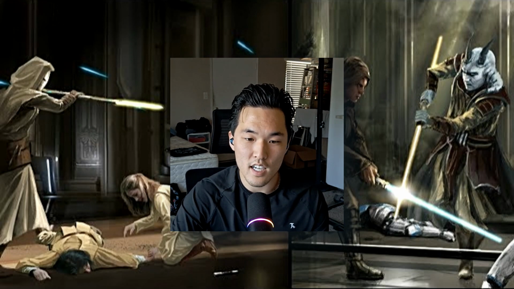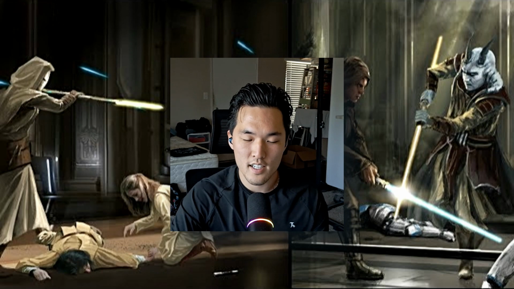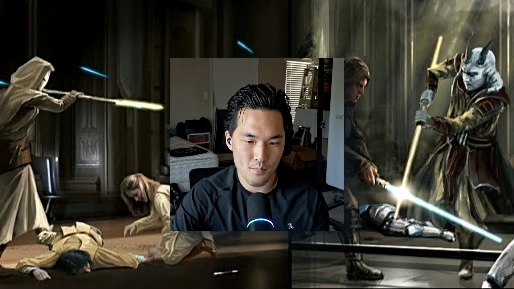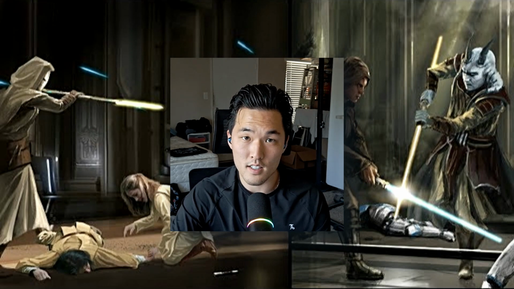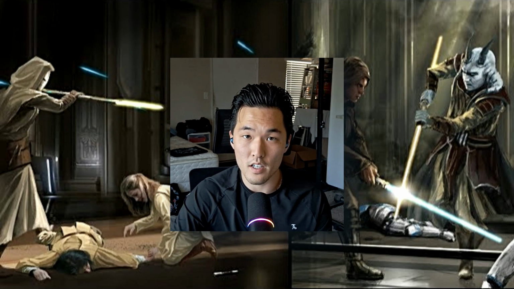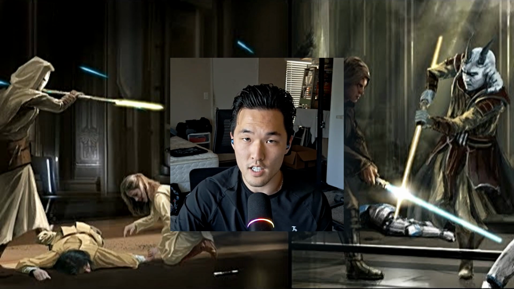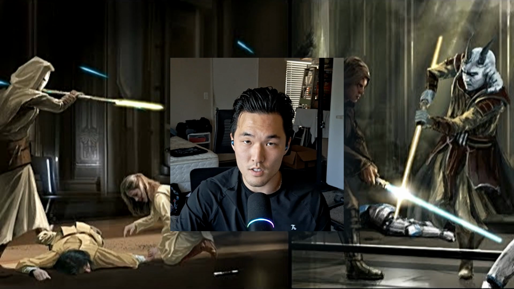This one is called "Inside the Jedi Temple During Order 66 Legends Star Wars Explained." Now, here's the thing: when it comes to Order 66 as the iconic order from Episode 3, Revenge of the Sith, there were small moments where the clones were shooting down Jedi, and what Anakin did to some of the younglings.